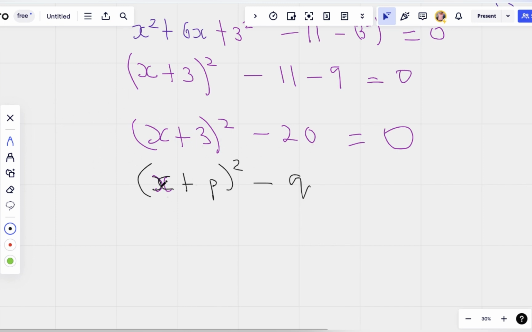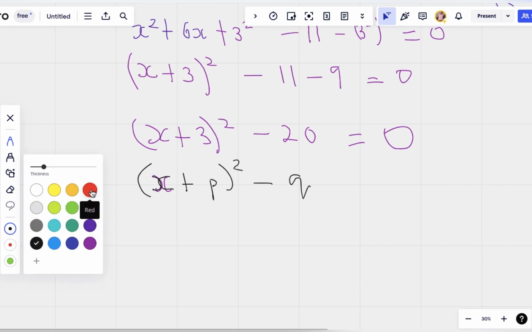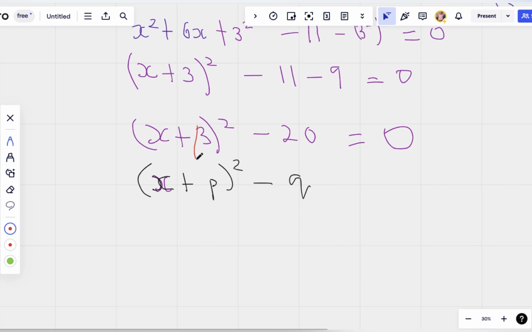They give this as A, and then they want you to solve B as an equation. So in A, they ask what's the value of p. For this question, the value of p is 3. And the value of q is negative 20.